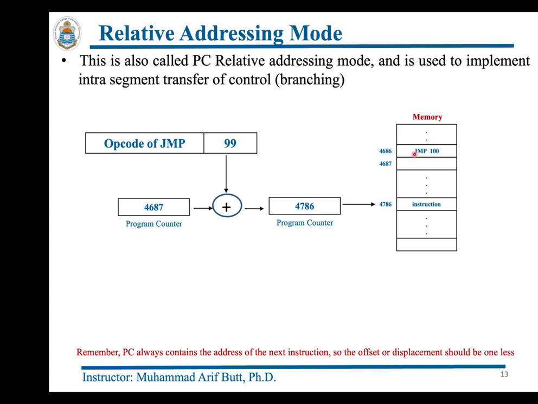Do note that the jump instruction is at address 4686, and since PC always points to the address of the next instruction, it will contain 4687 as shown over here as well. Therefore, if the programmer wants to jump 100 bytes ahead of this location, the offset should be set to 1 less than that. So that is why you can see a 99 over here instead of 100.